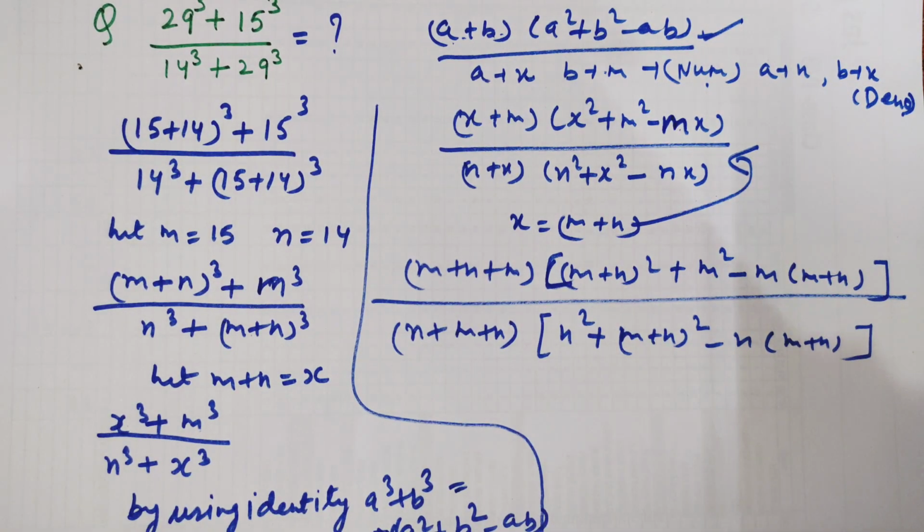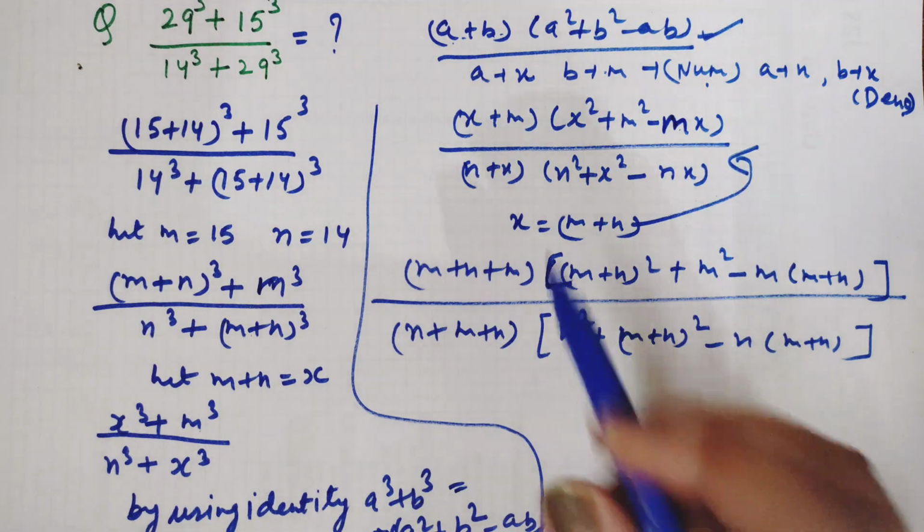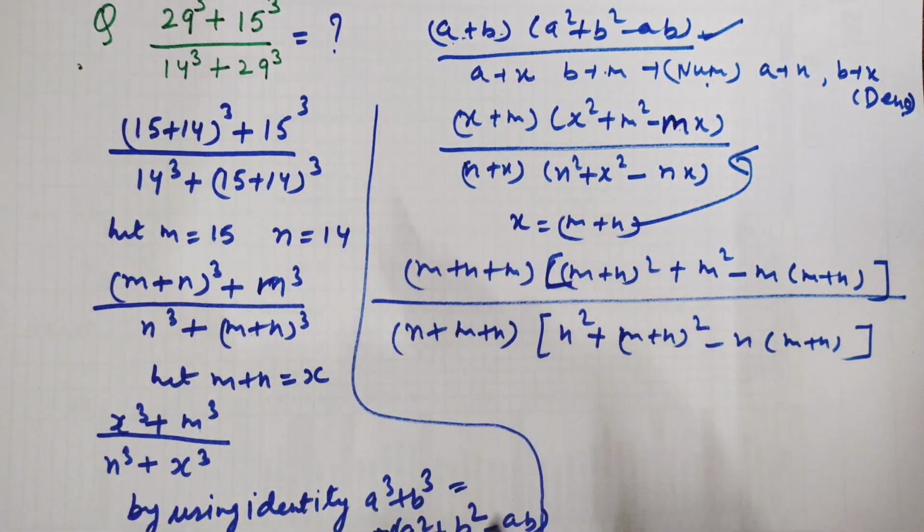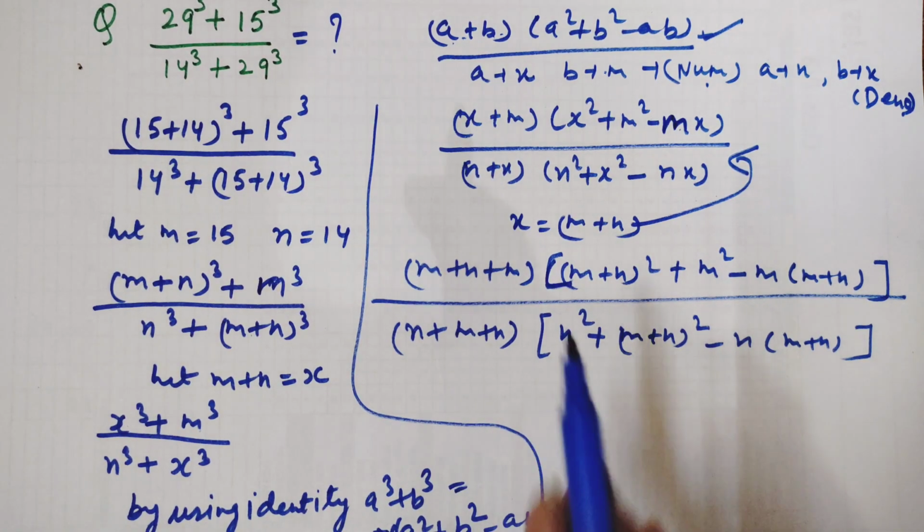So why are we putting the value of m plus n here? Because if you put the value of m plus n in this expression instead of x, some parts cancel out. That's why we again put the value x equals m plus n here.